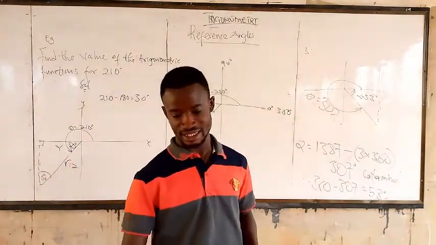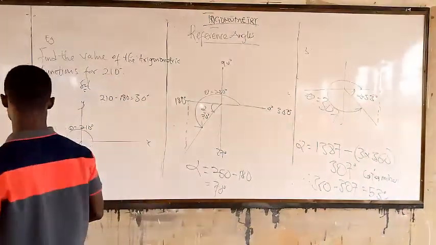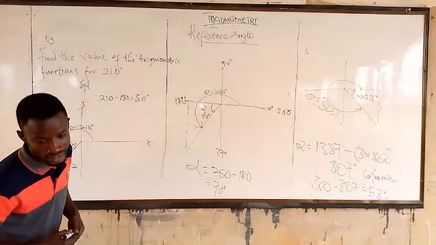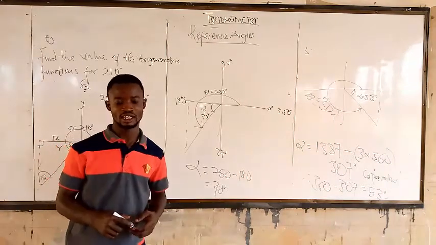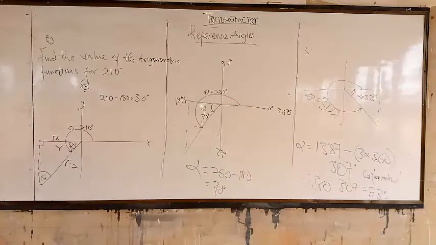And the x will be equal to square root of 3. And our y will also be equal to negative 1. Our y here is going to be negative 1.